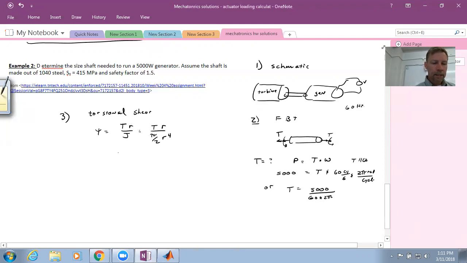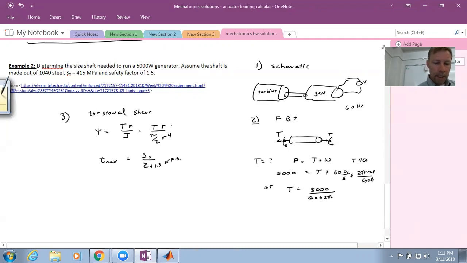Okay, and that has to be from my max shear stress theory. If I compare it to my max shear stress theory, I can see that tau max is equal to the yield stress divided by 2. And here I have a factor of safety of 1.5. That's my factor of safety.